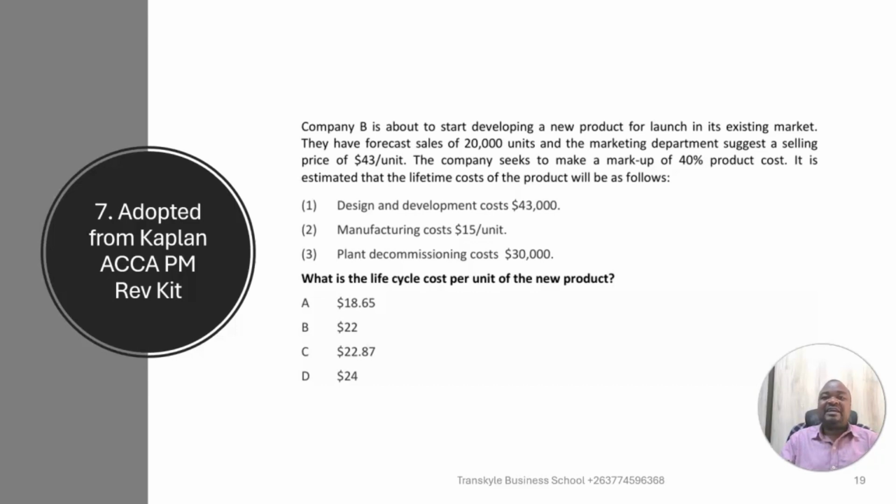It is estimated that the lifetime cost of the product will be as follows. Design and development is 43,000, which is one of the costs we need to incur when we calculate the life cycle cost per unit. The manufacturing cost per unit is $15. So manufacturing cost in total will be multiplied by 20,000. This should give us how much?